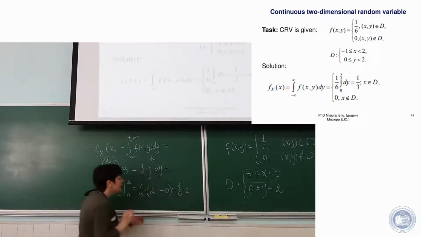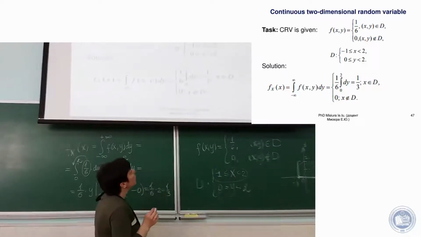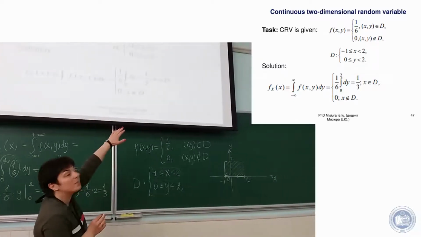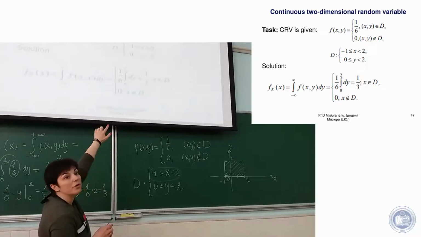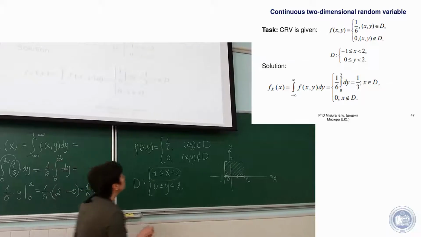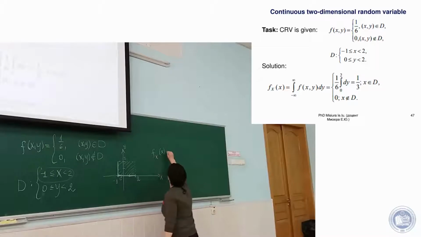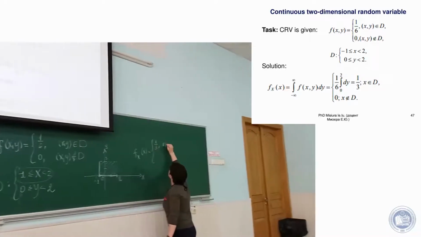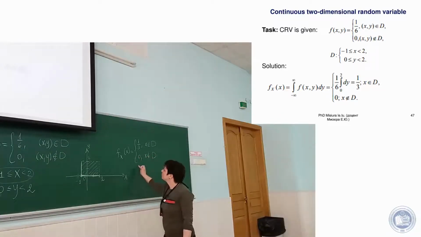Okay. And 1/3. Let's remember, we have 1/3 if x lies here, yes? And we have 0 if x does not lie here. Let's copy out f of x for variable x will be 1/3 if x lies here and 0 if x does not lie here. Is all clear?